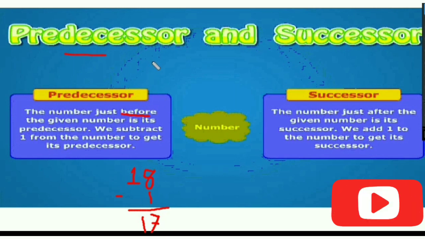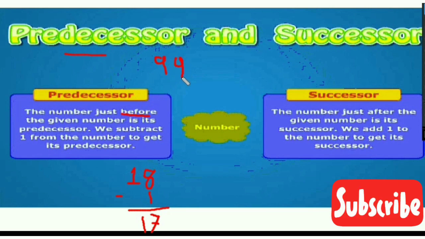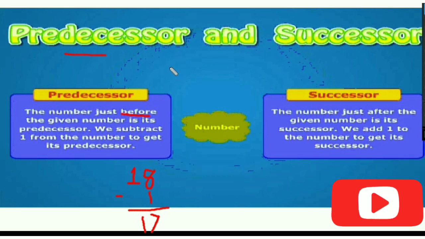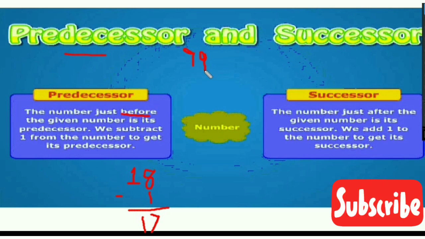Let's take some more examples. I'm giving you 19. Okay, I'm asking you what is the predecessor of 19. Let me write it again. Okay, I'm giving you example 2, that is 99. Okay, 99, what is the predecessor of 99? How will we find it? Just simply subtract 1 from it.